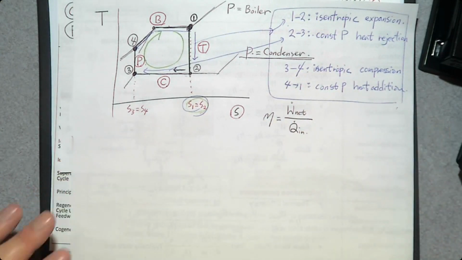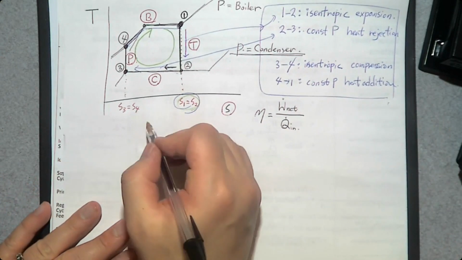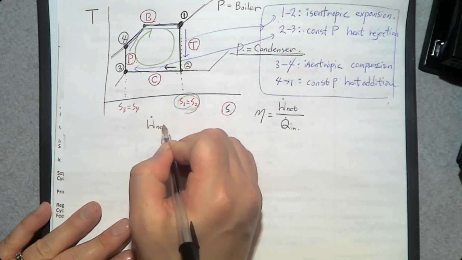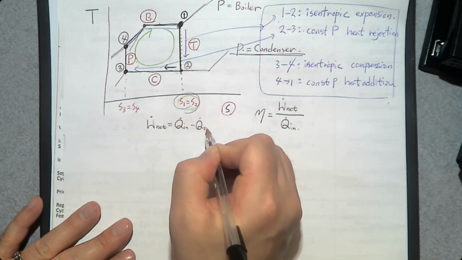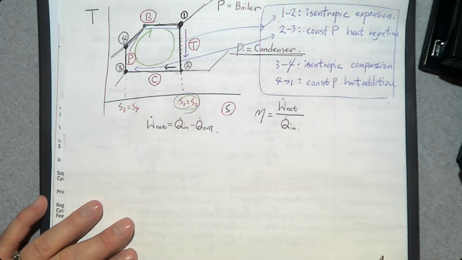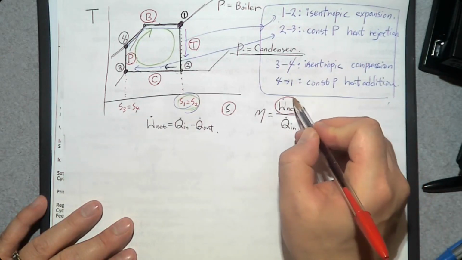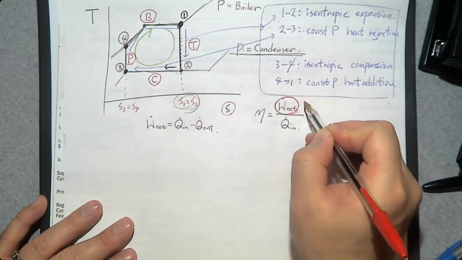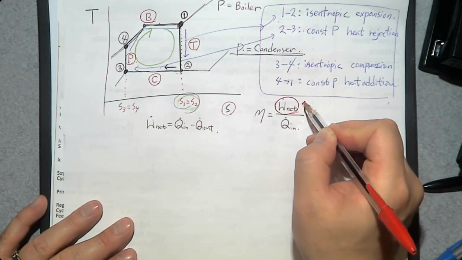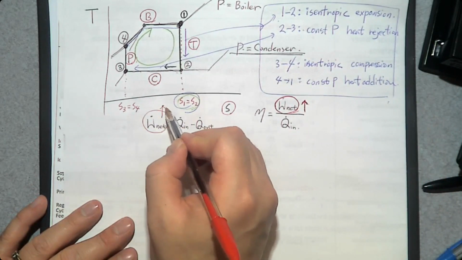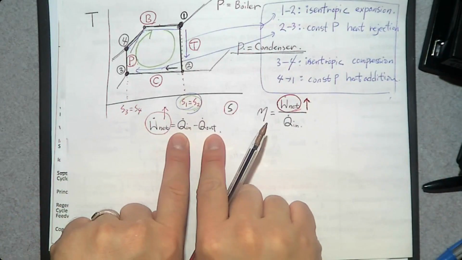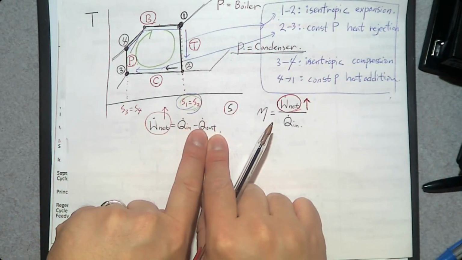But if you remember chapter 5, this W dot net is the same as Q dot in minus Q dot out. So to increase the thermal efficiency, we need to increase W dot net, and to increase W dot net, we need to increase the difference between Q dot in and Q dot out.